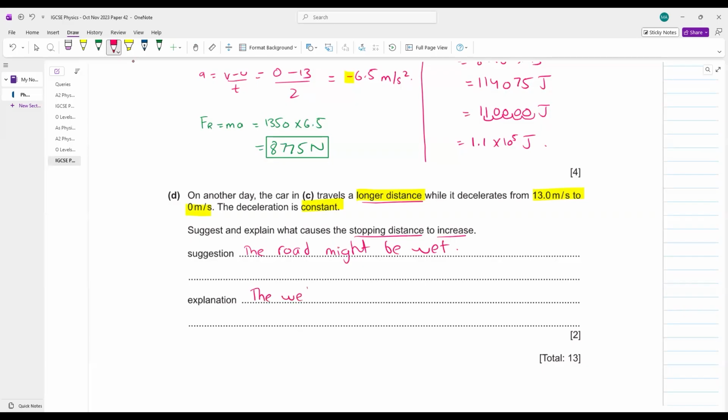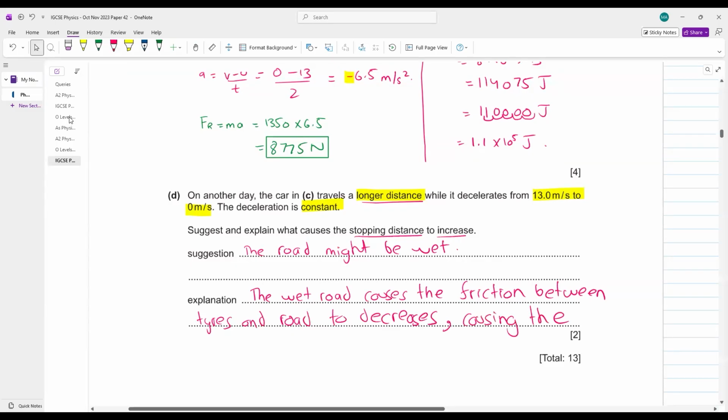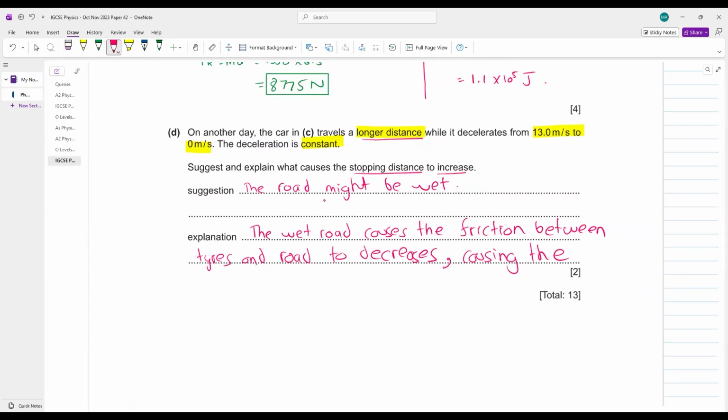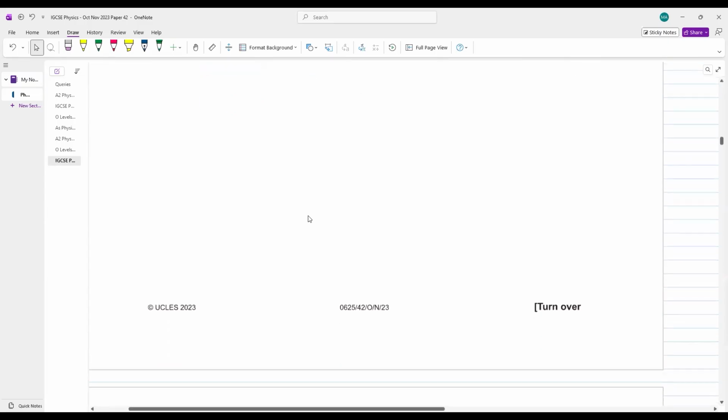The wet road causes the friction between tires and road to decrease, and causing the stopping distance to increase. Simple. Let's further move ahead.